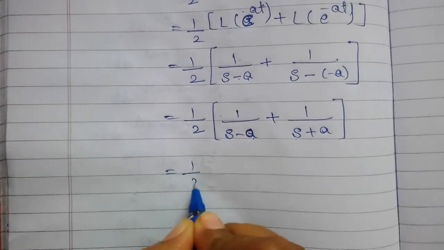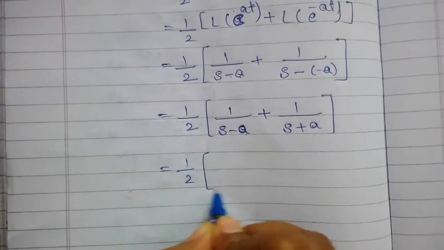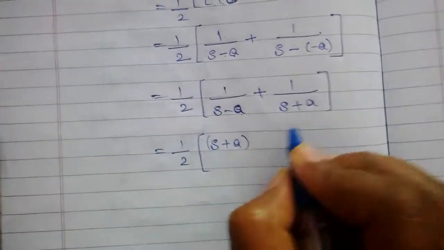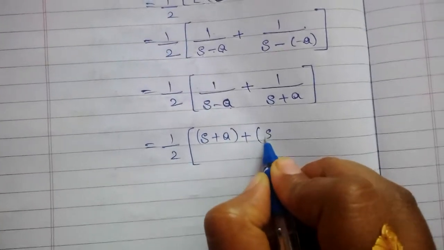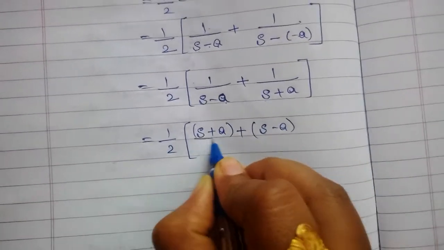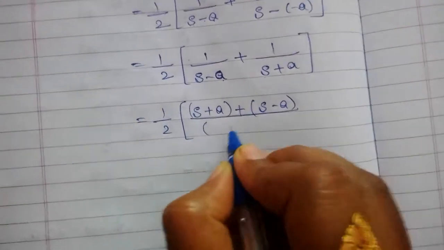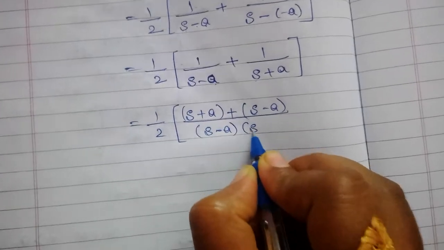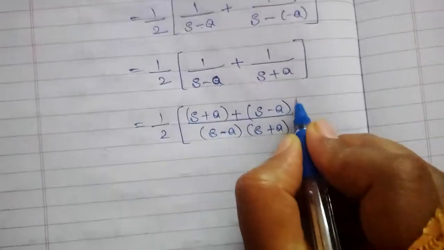Next we have to take the LCM here. We get s plus a plus s minus a divided by s minus a into s plus a.